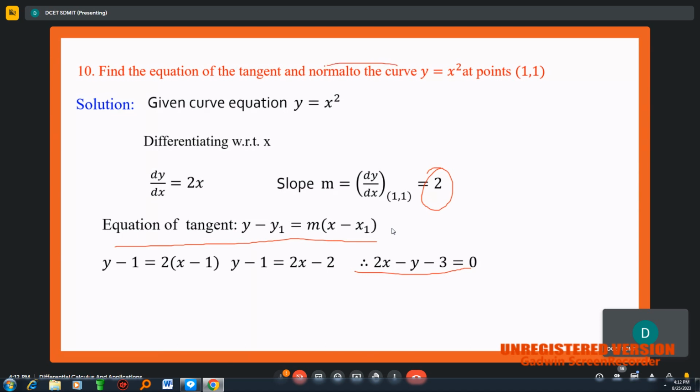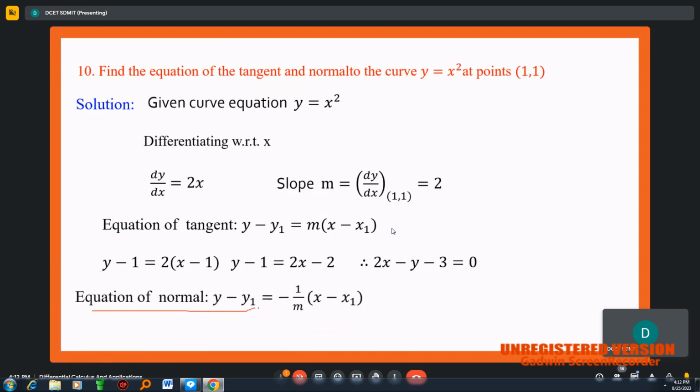Now we have to find the normal to the curve. What is the normal to the curve? The equation of the normal is y minus y1 is equal to minus 1 by m into x minus x1. Now again substituting the values of y1, x1, m, that is y minus 1 is equal to minus 1 by 2 into x minus 1.